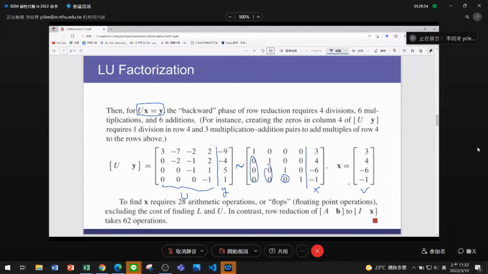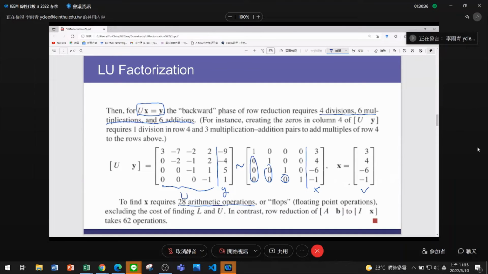We obtain x. Here is some analysis about the process. Basically, in the process we experience 4 divisions, 6 multiplications, and 6 additions. So to find x, we actually use 28 arithmetic operations.